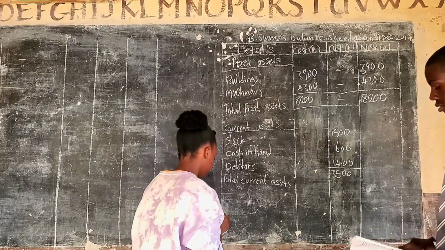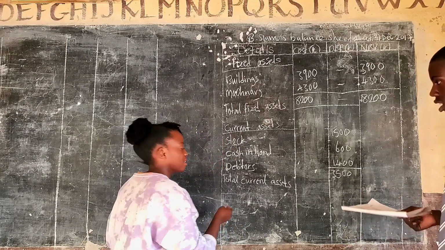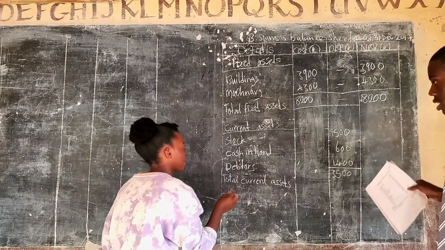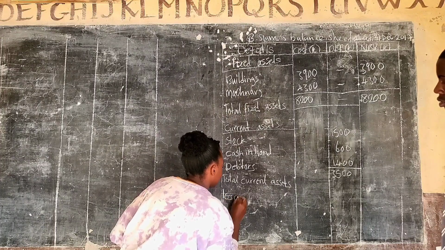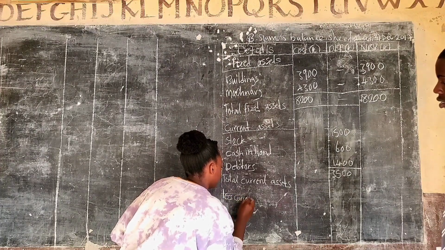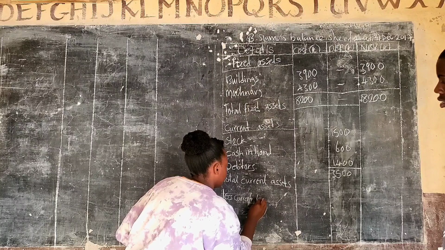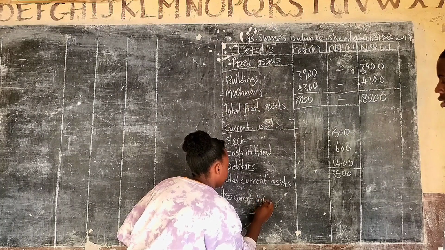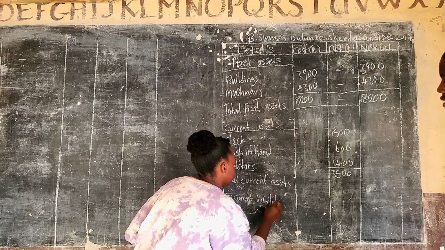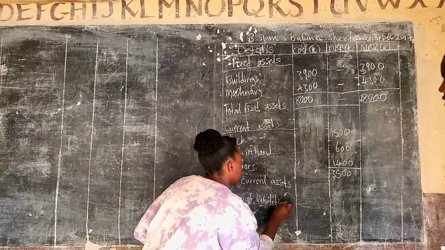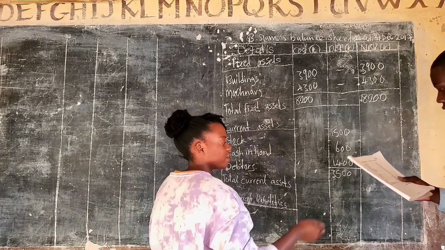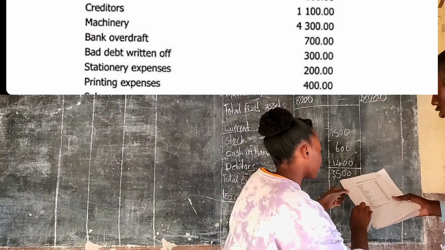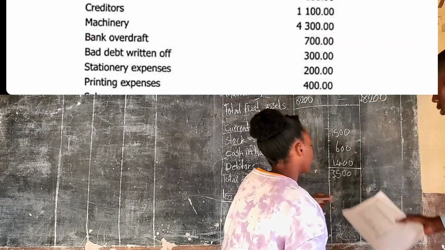We move to the next part, which are the less current liabilities. We have creditors and bank overdraft.